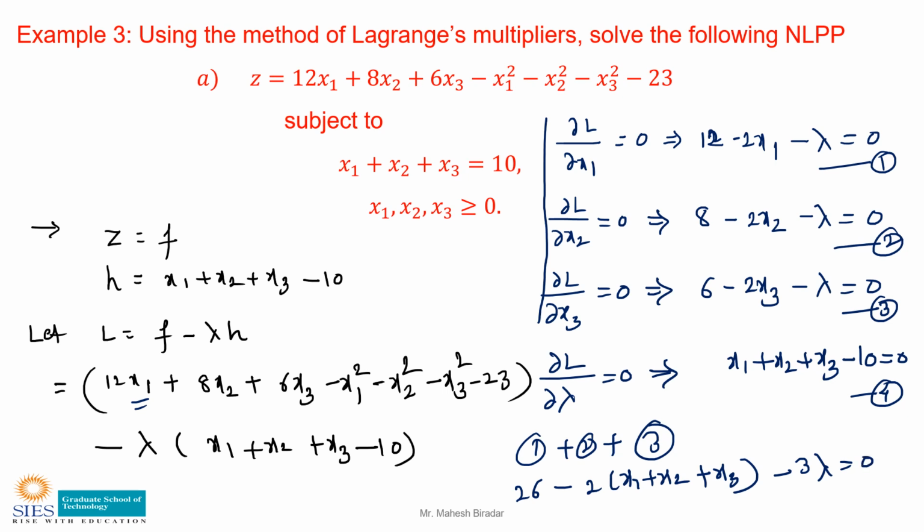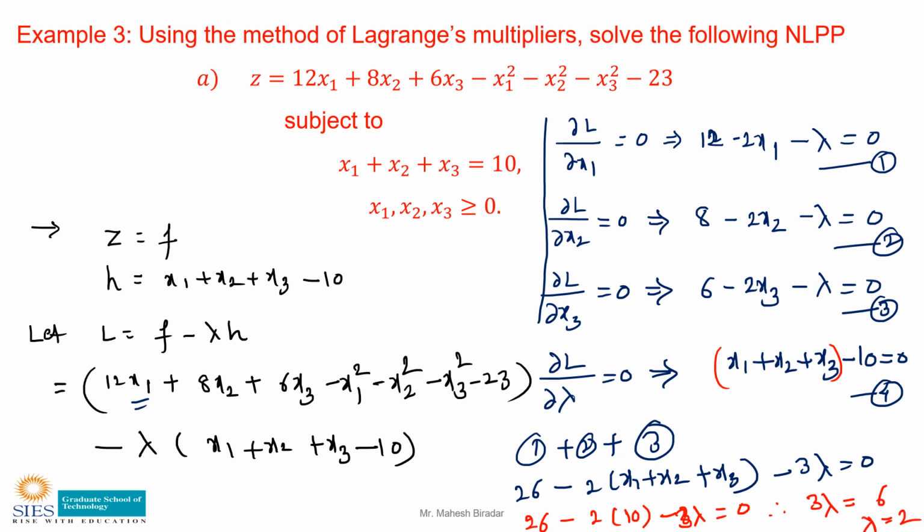From equation number 4, x1 plus x2 plus x3 you can replace by 10. So this is 26 minus 2 into 10 minus 3 lambda equal to 0. If you simplify this, 3 lambda is equal to 6. Therefore lambda equal to 2.